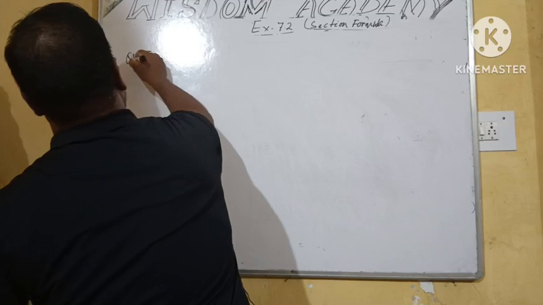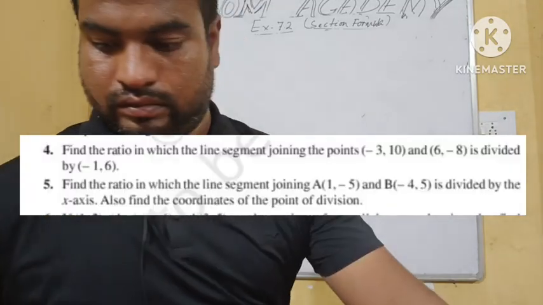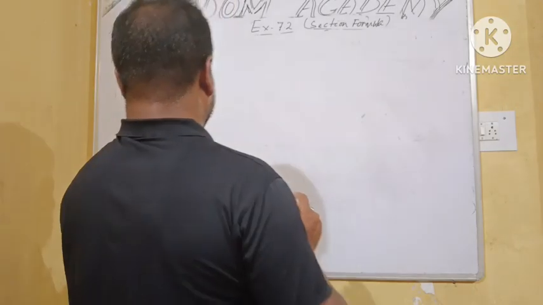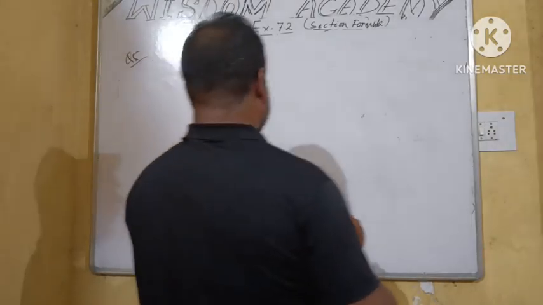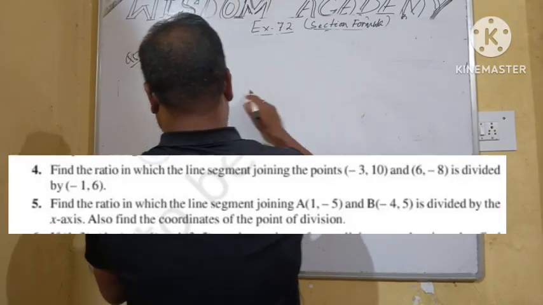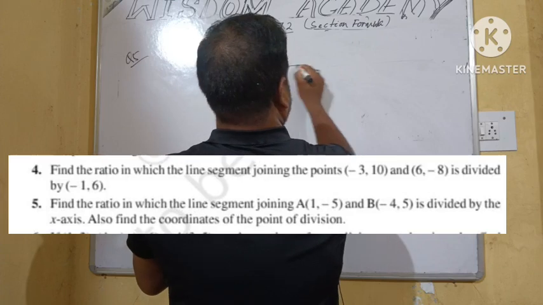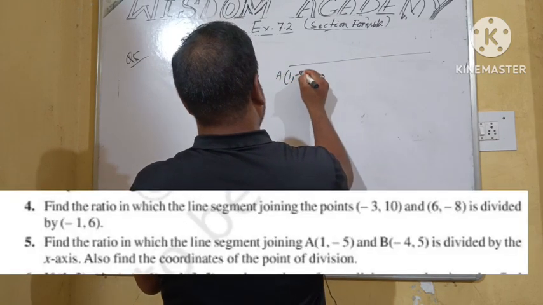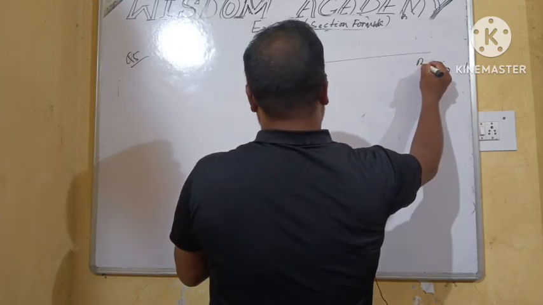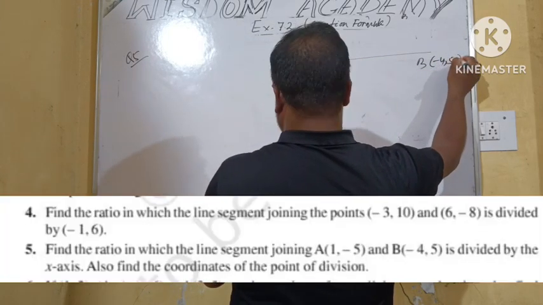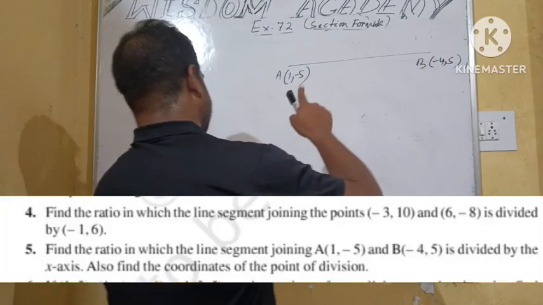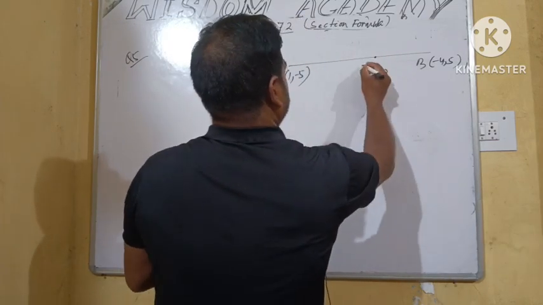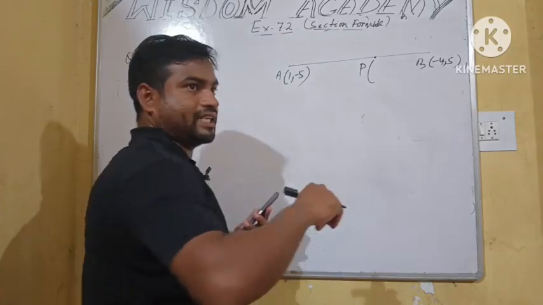Question number 5. Find the ratio in which the line segment joining A (1, -5) and B (-4, 5) is divided by the x-axis. Suppose P is a point on the x-axis.